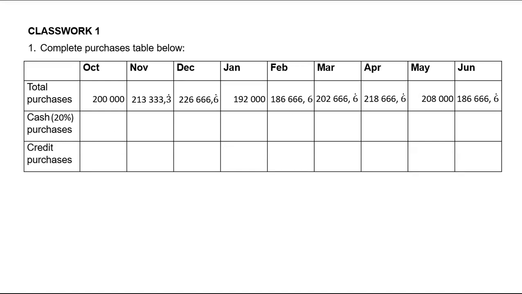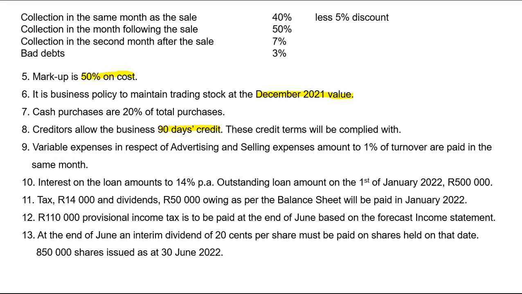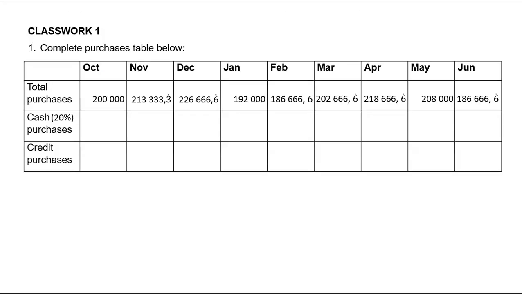How did I miss that one out? It's 20%, which is this one here. 20% of your total purchases will be cash purchases. So just take all your purchases, times them by 20%. That will give you your cash purchases.